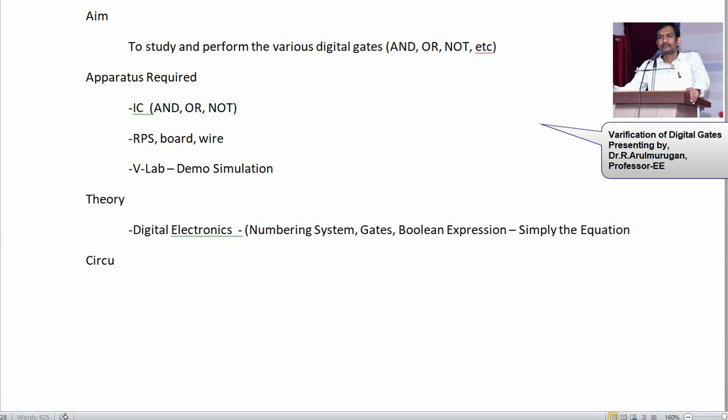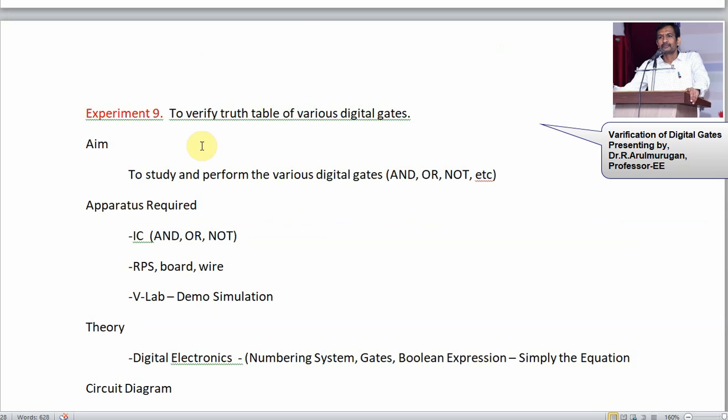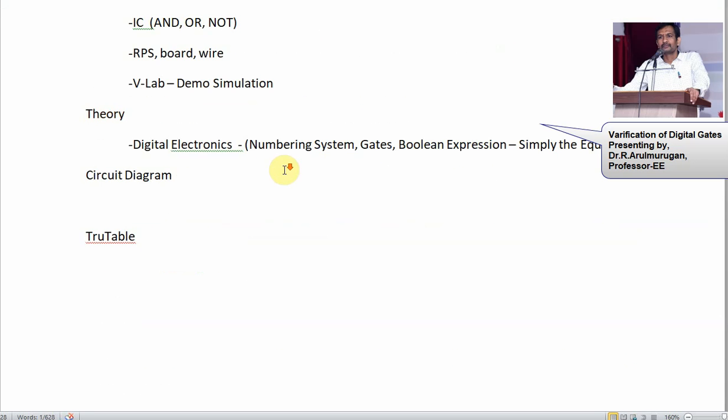Then the next one is the circuit diagram. You will draw the AND gate, OR gate, and NOT gate circuit diagrams, followed by the table, which is called the truth table.